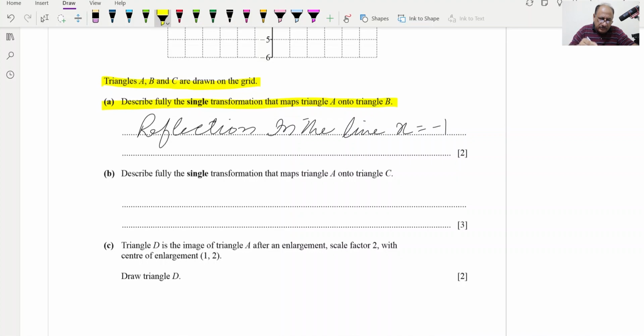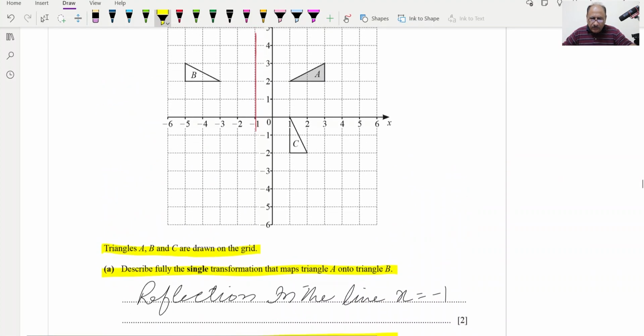Now part B, describe fully the single transformation that maps A onto C. A onto C will be, so we can check 90°. If we check this rotation, this is a 90° angle, and similarly we can check other angles also.